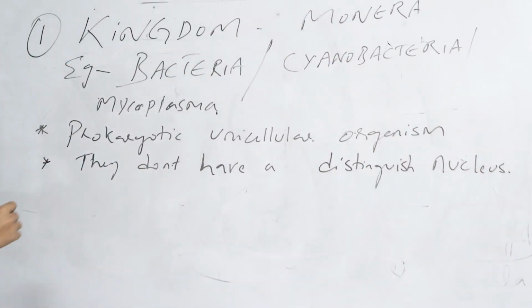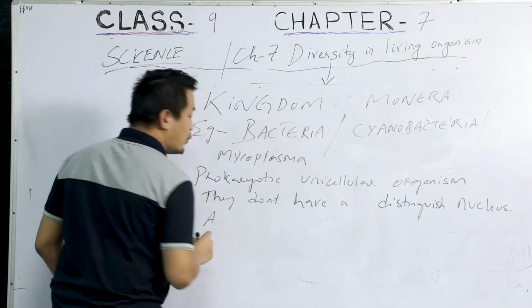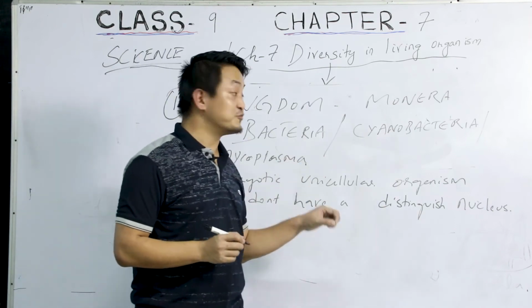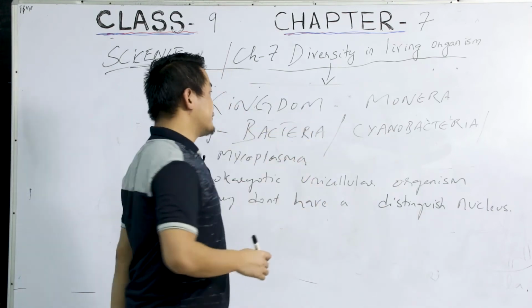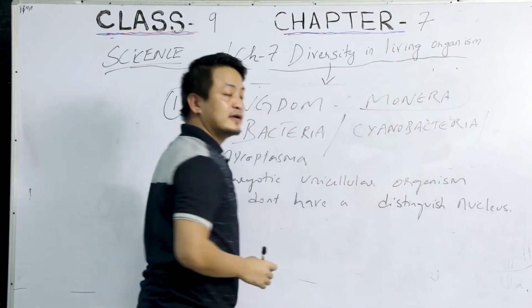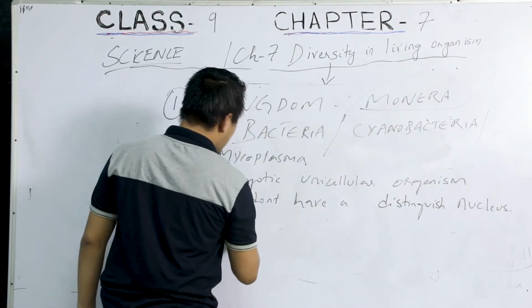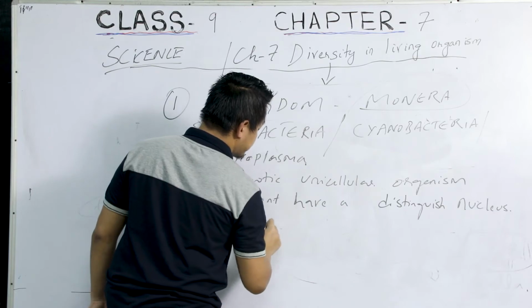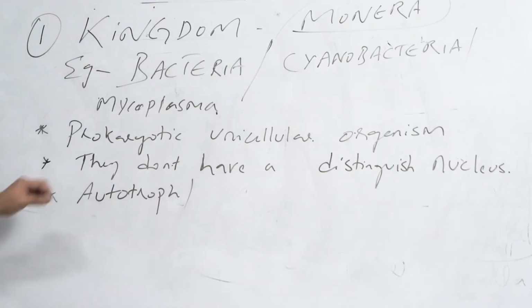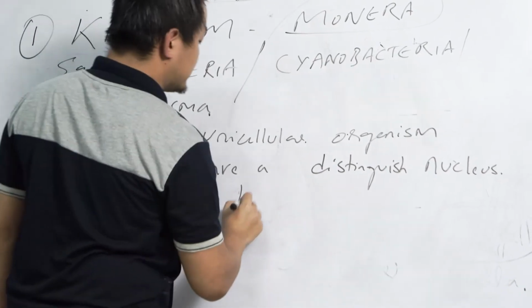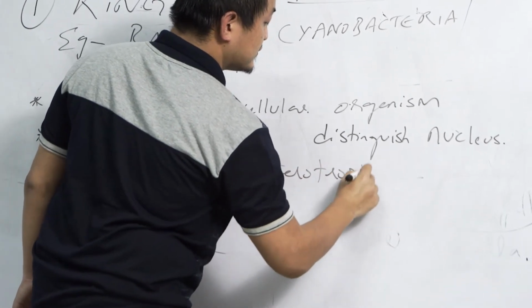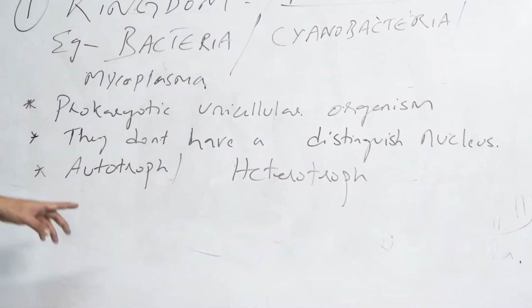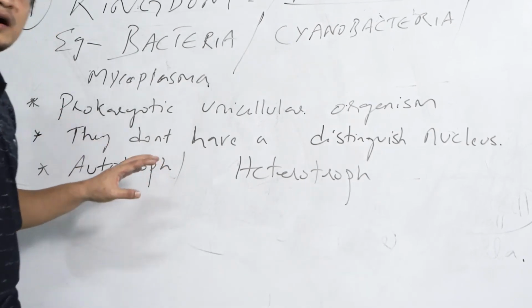Now, the mode of nutrition is very important whenever we are studying organisms. For Monera, their mode of nutrition would be autotrophs or heterotrophs. Autotrophs means they don't depend on others.